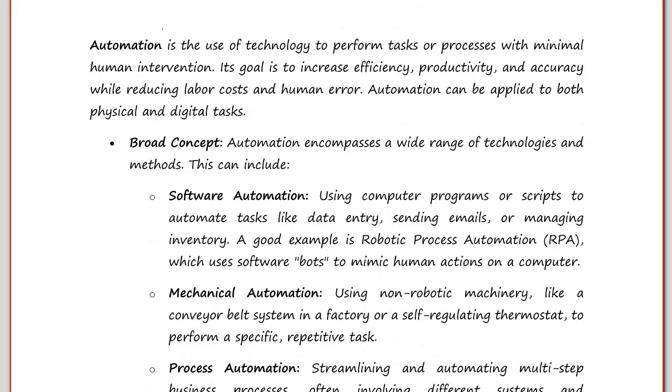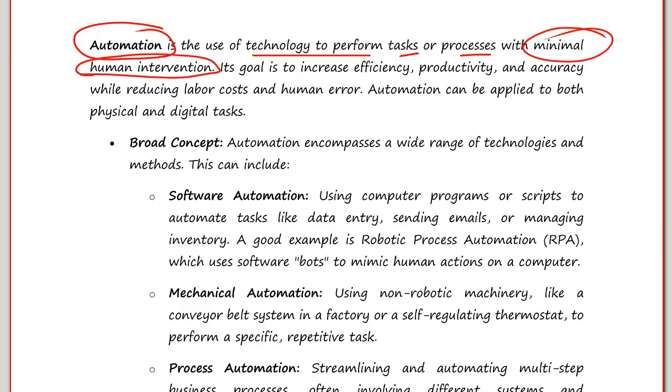So, automation, what is it basically, what does the word mean? It is basically the use of technology to perform tasks or processes with minimal human intervention, and that's the basic idea, minimal human intervention. So, the goal of automation is to increase efficiency, because you see humans, we sleep at night, we take rest, okay.